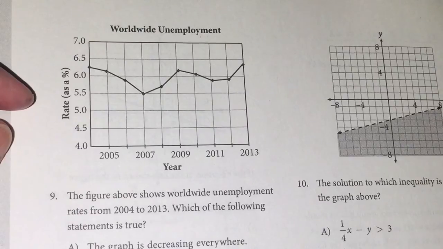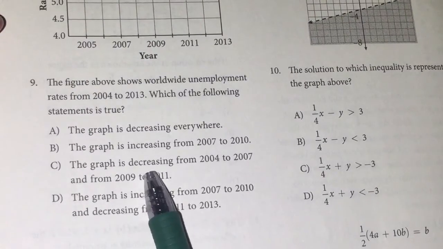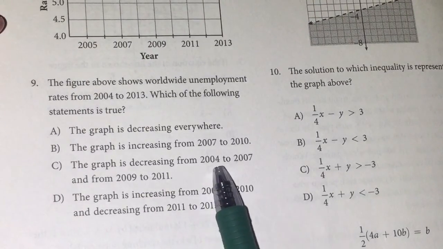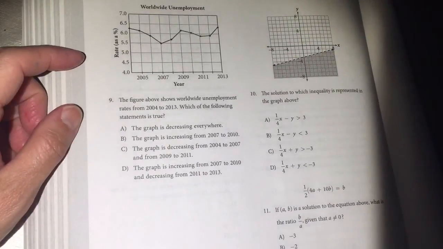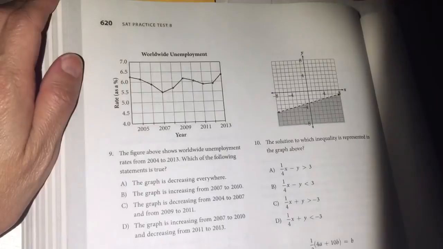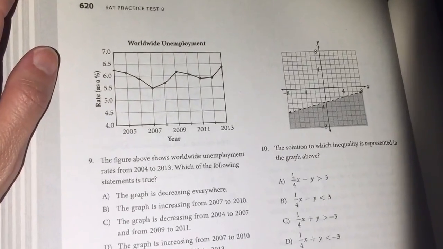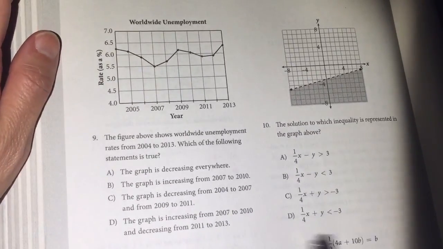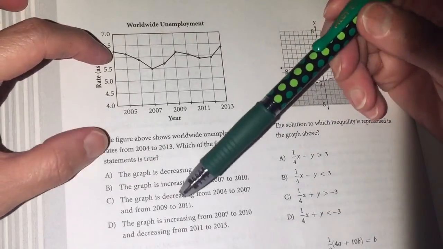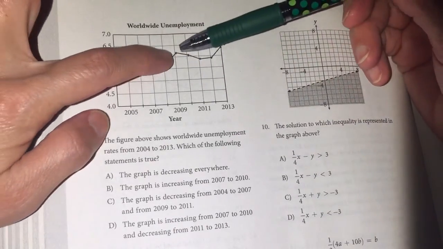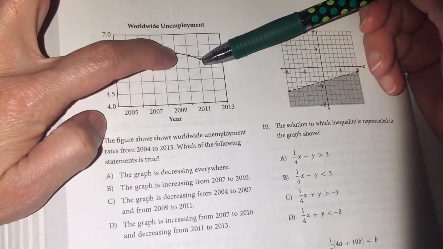The graph is decreasing from 2004 to 2007, and from 2009 to 2011.